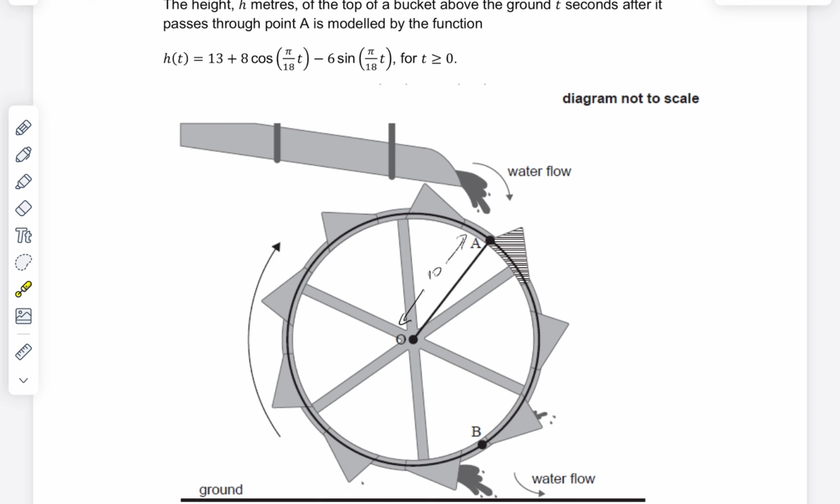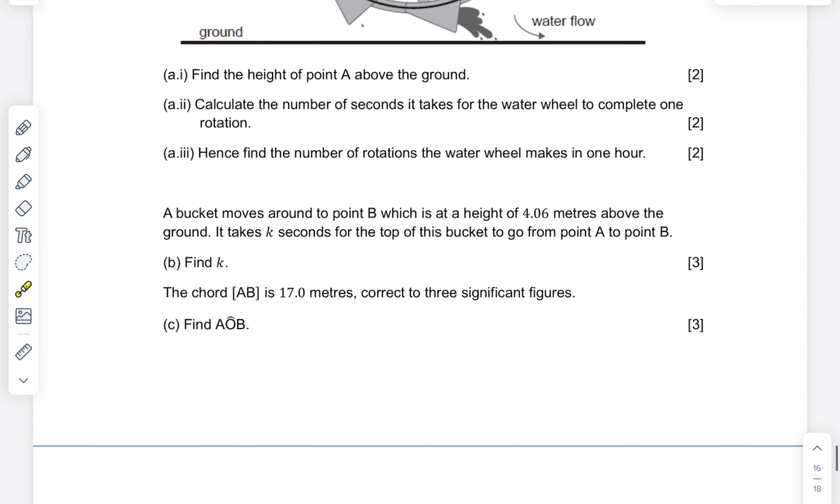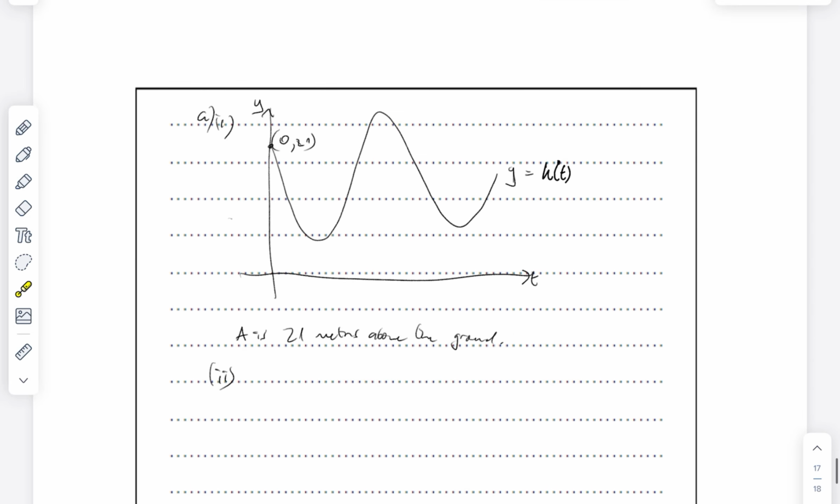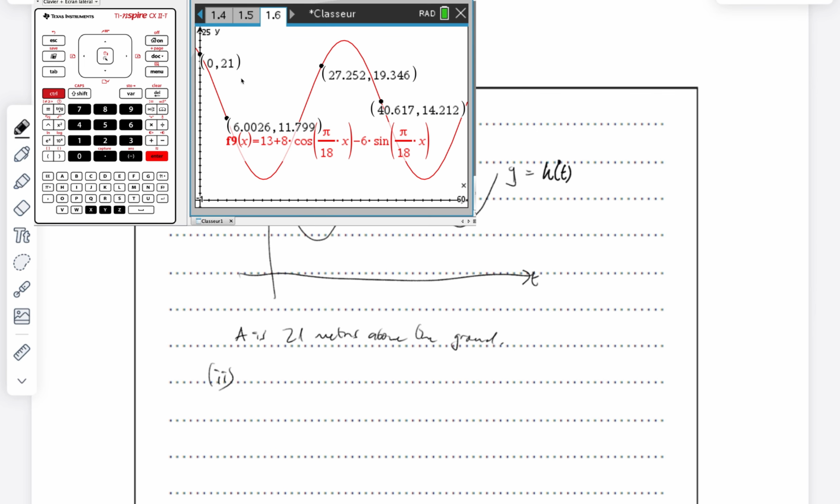Or I can check it on the calculator and see how far it is between two distant points. So now I can try any values on my calculator and see what it is, to complete one rotation. Well, actually, if I want to do that, that's 21 meters. Let's set this one.